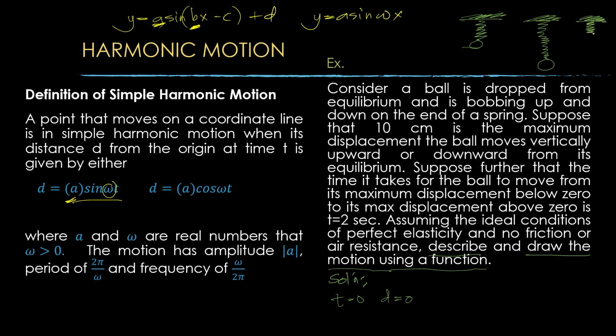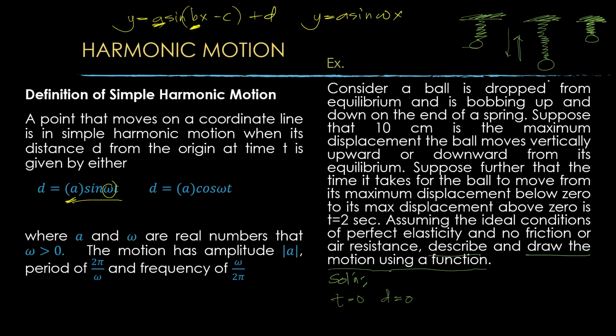It will bob back and forth. Since we assume ideal conditions of perfect elasticity and no friction and air resistance, it will just keep going up and down.